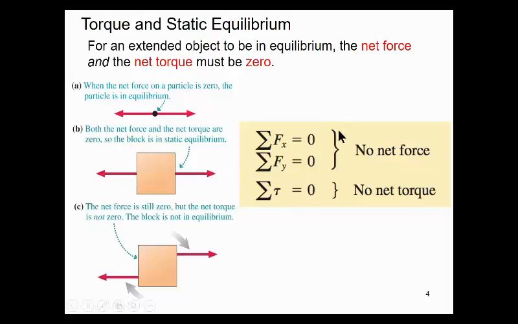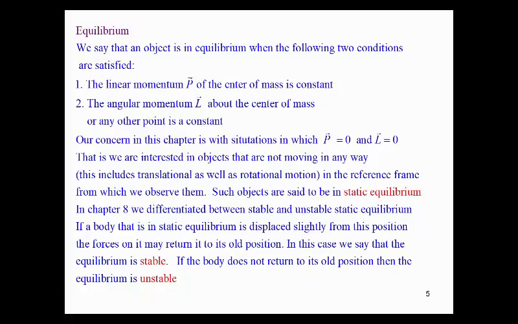Here are the important conditions. If an object is in static equilibrium, the net force has to be zero. That means all the components, the x component, y component, and z component, have to be zero, and the net torque follows the same rule. Net torque has to be zero, and then you can say that the given object is in static equilibrium, right?